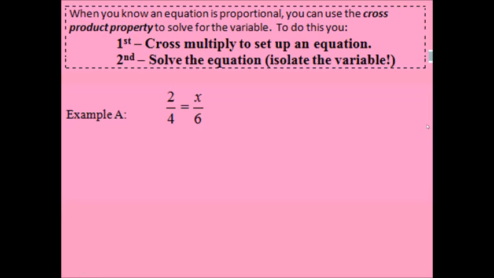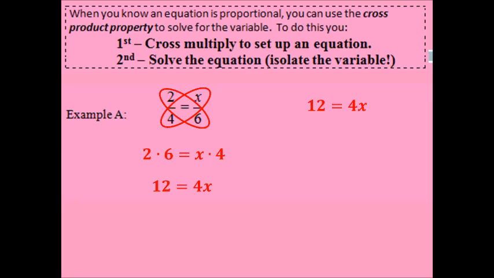We multiply our diagonals. 2 times 6 is equal to x times 4. Simplifying, we get 12 equals 4x. Then to solve, because 4x means we're multiplying by 4, we use our inverse operation, dividing both sides by 4. That leaves us with 3 equal to x.